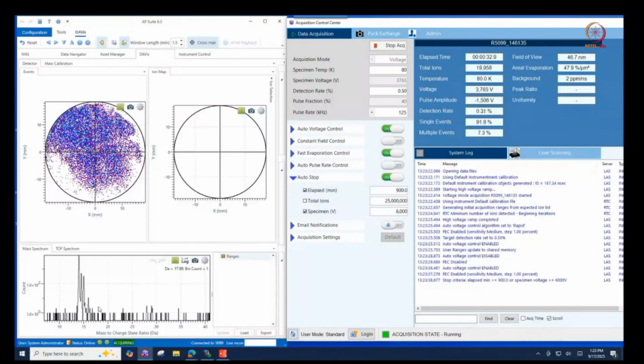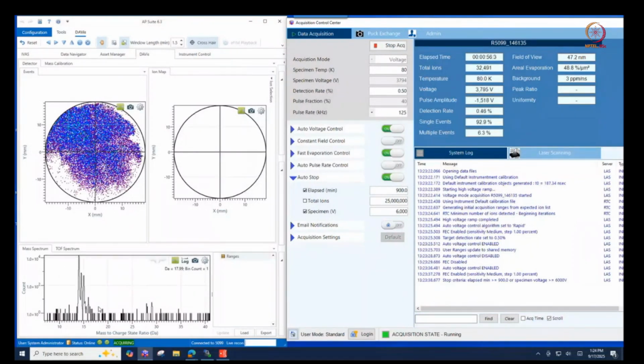Now you can observe a significant reduction in the background. Earlier, at 20% pulse fraction, we could see around 7 to 6 ppm per nanosecond of background. Now you can see 2 ppm per nanosecond. So there is a significant decrease in background, which means our signal is improved with increase in pulse fraction.